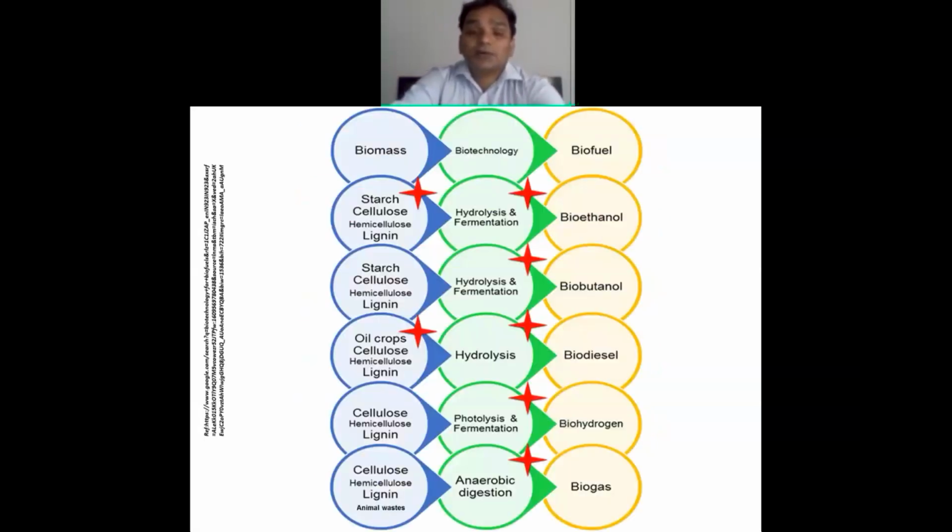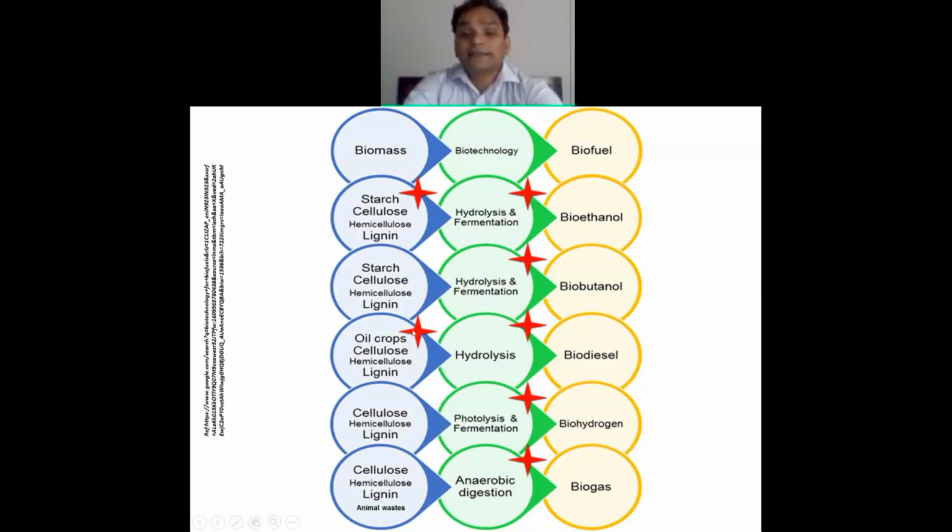Going next, we may understand that biomass is primarily used for biofuel, and under biomass there are different kinds of materials, and biotechnology has different processes with different products as output, like starch, cellulose, hemicellulose, and lignin. The content of biomass can be converted into bioethanol through hydrolysis and fermentation.